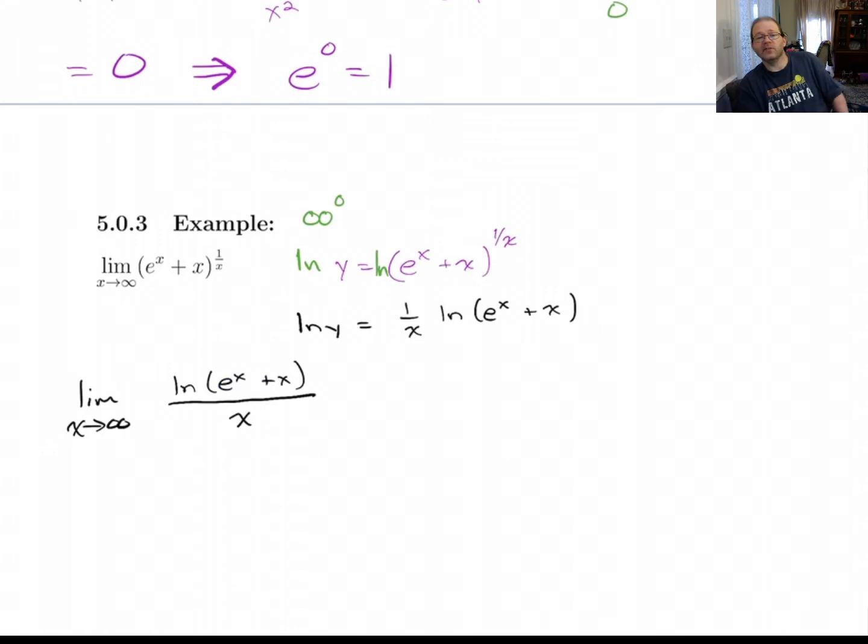But we can't do that because of the e^x. So what I want to do is just use L'Hopital's rule here. First off, notice the top, when x goes to infinity, this goes to infinity, and so its natural log also does. So this is an infinity over infinity. Let's use L'Hopital's rule.